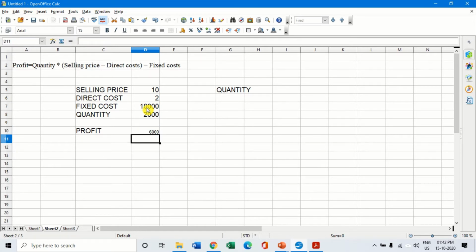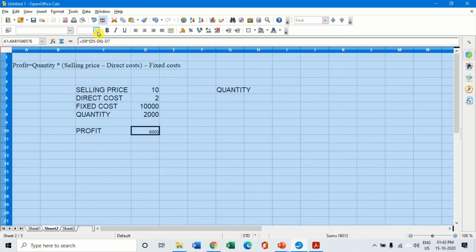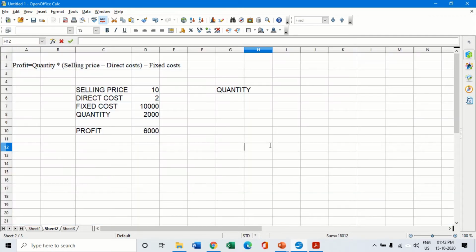So enter, and we get a profit of 6,000 rupees for the quantity of 2,000.